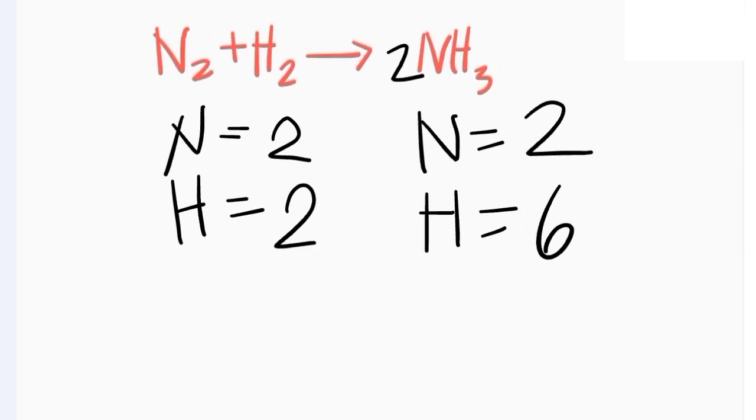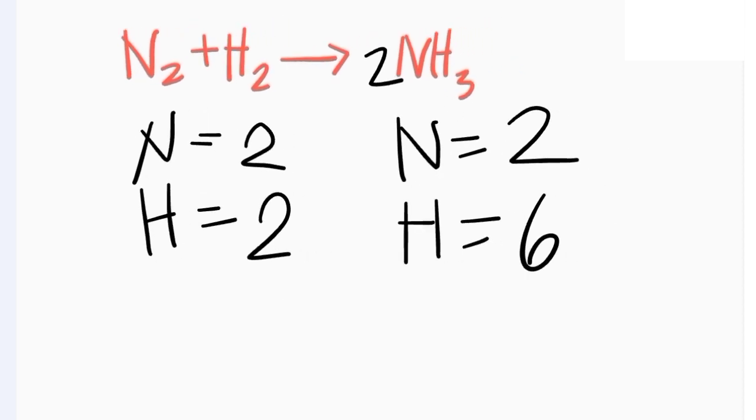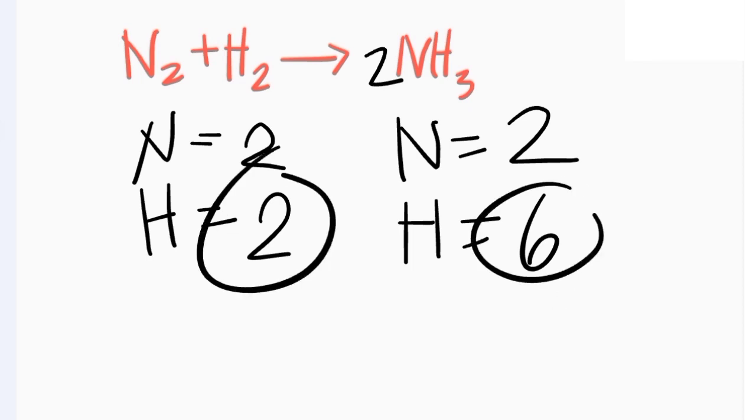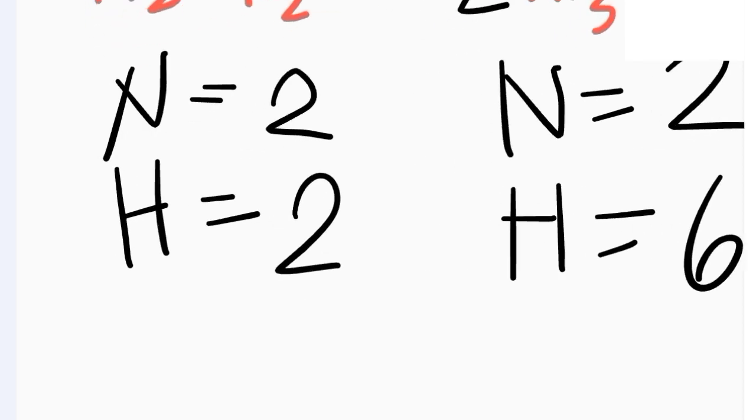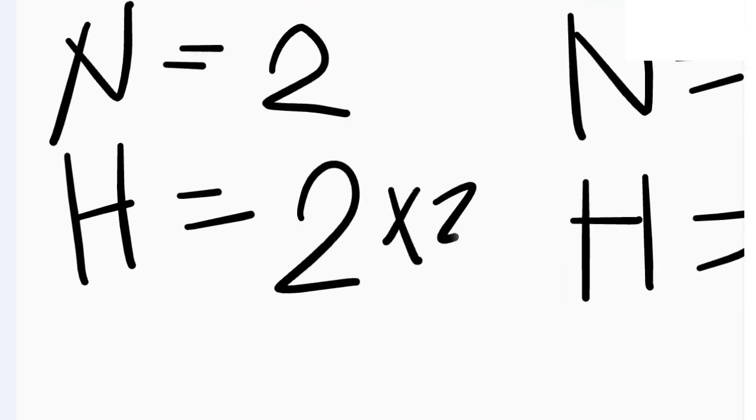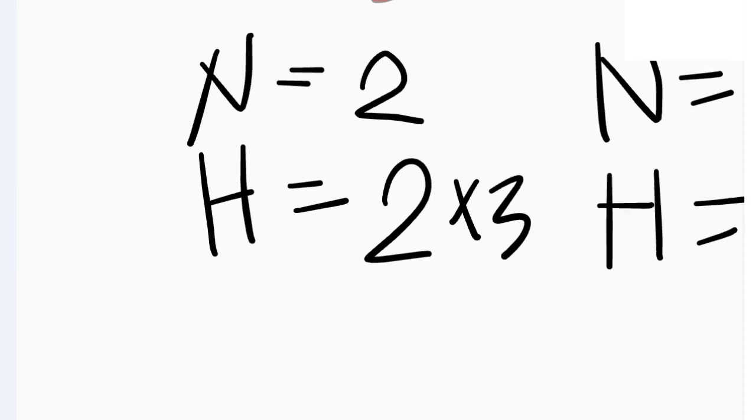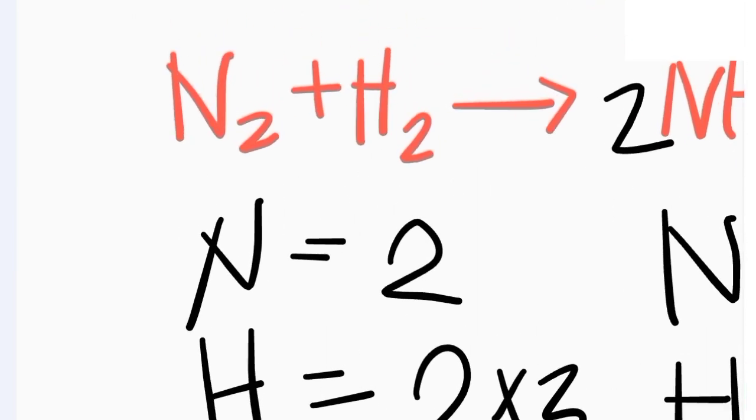And si hydrogen sa reactant side is hindi equal sa hydrogen ni product side. So, ilang beses mo ito times si 2 para makakuha ng 6. Or simply, 6 divided by 2. And that will be 3. So, si hydrogen dito, ito times mo sa 3. And 2 times 3 will be 6.